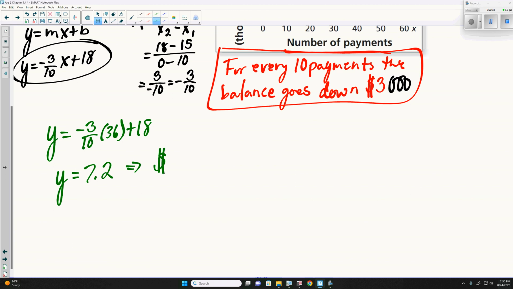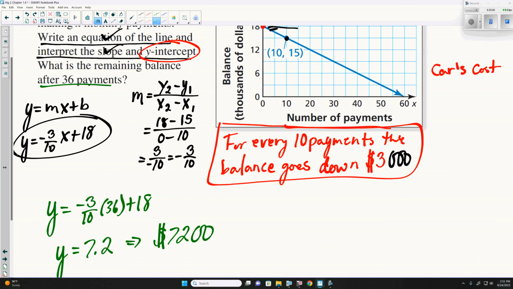So 7.2, that's $7,200 that is remaining on the car. What is the remaining balance after 36 payments? So the remaining balance is $7,200. That means they paid off $10,800.